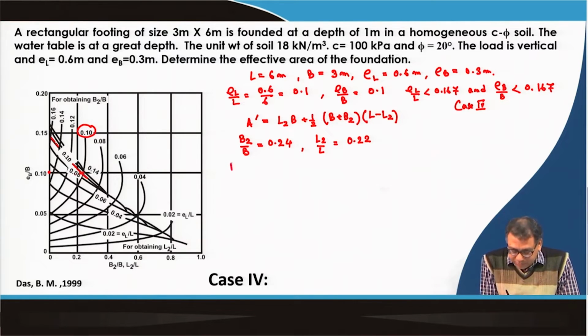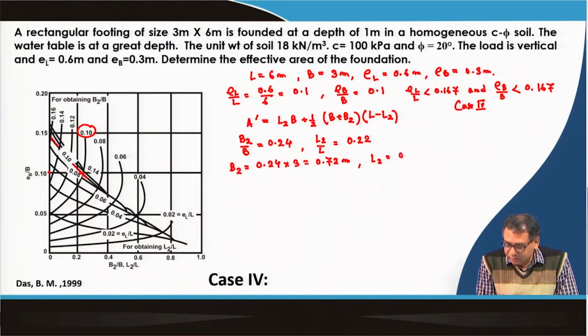So, now my B2 is equal to 0.24 into 3, which is 0.72 meter, and the L2 is equal to 0.22 into 6, which is equal to 1.32 meter.